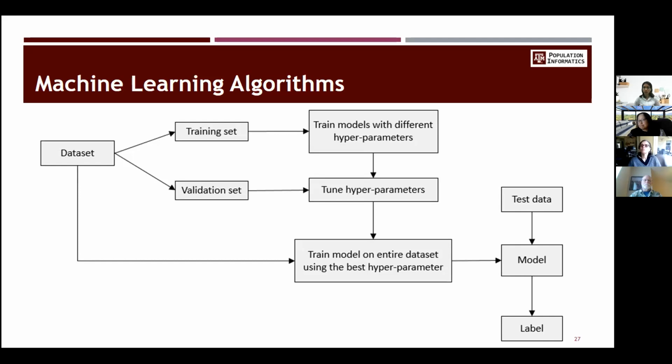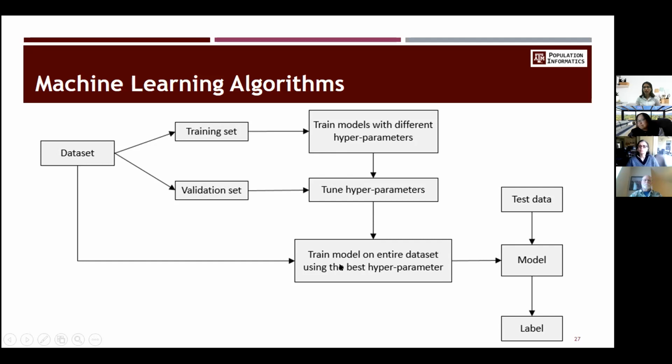After extracting features, it is time to feed those features to a machine learning algorithm. This figure shows the general framework for machine learning. First of all, we split the training data set into two parts, training set and validation set. Using the training set, we are going to train multiple models with different hyperparameters, and using the validation set, we tune our hyperparameters.